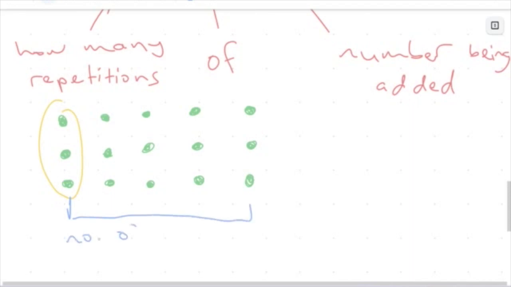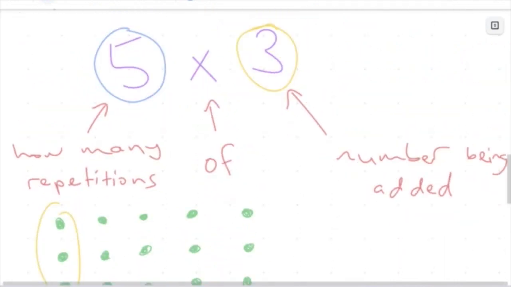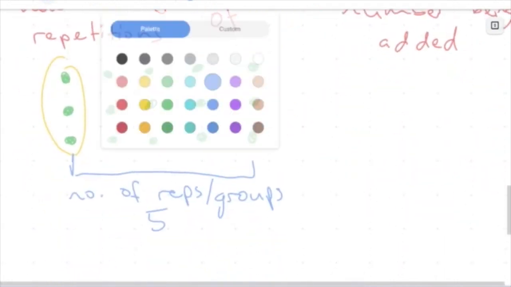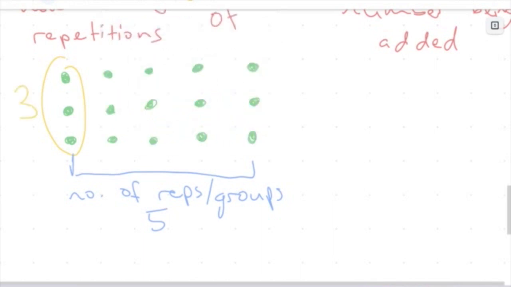So number of reps, all right, reps short for repetitions, slash groups. So here I have my 5, and I've color coordinated that with this one here. And here I have my 3. I'm taking 5 groups of 3.